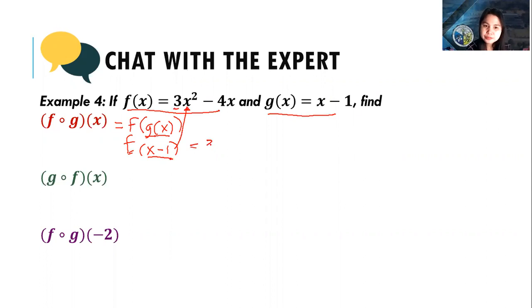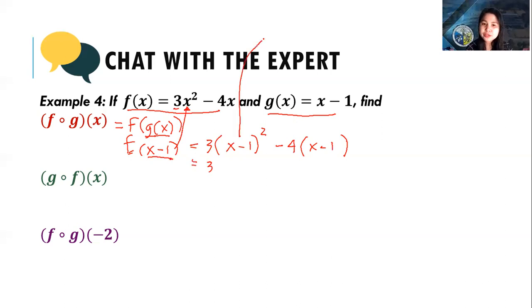3x squared. What's our x again? Our g, right? x minus 1. Minus 4x. What's our x again? That's x minus 1. So we'll now simplify it.